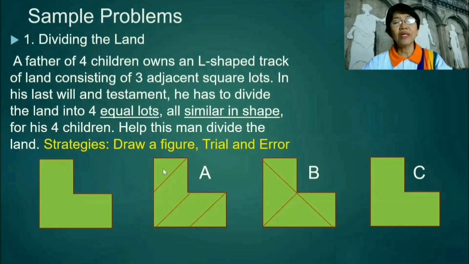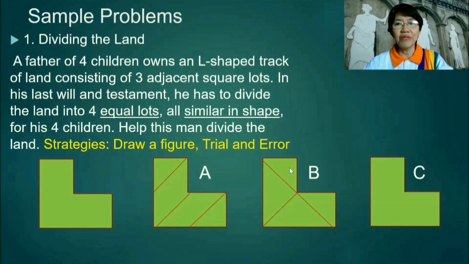But if you look at the figure, the shapes of the lots are not equal and they are not similar as well. So some people give this letter B as a suggestion. If you look at the lots, they are all triangular, they are all similar, but they are not equal in area.